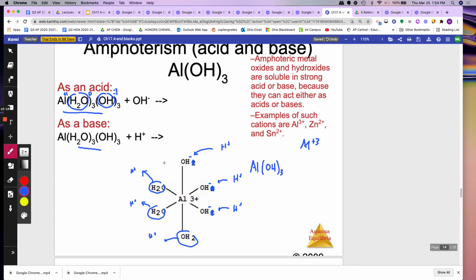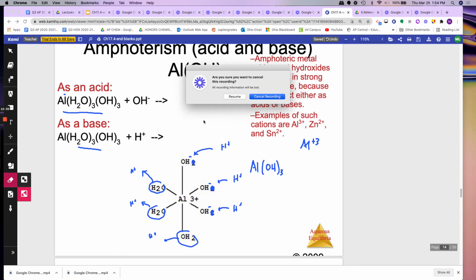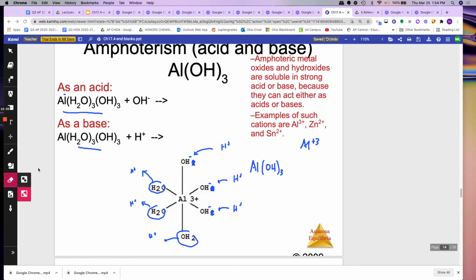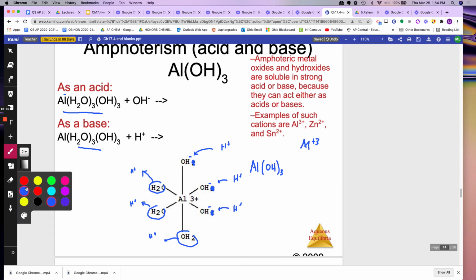Okay, so the way you write it, I know the book does it. Let me just erase this so it's easy to see. Okay, if you add OH minus to it, this OH minus will take one of the H's from here.